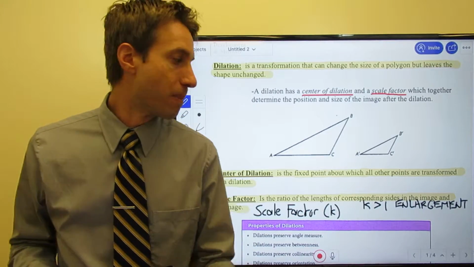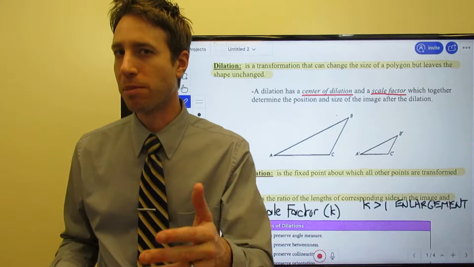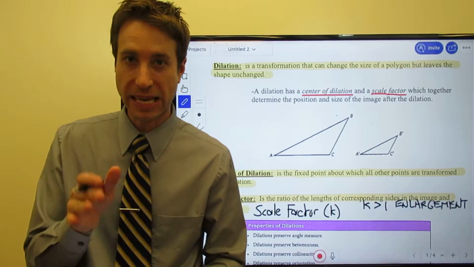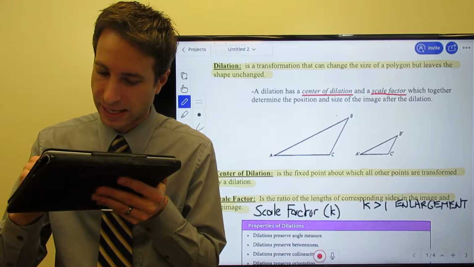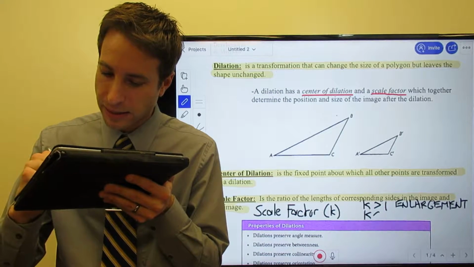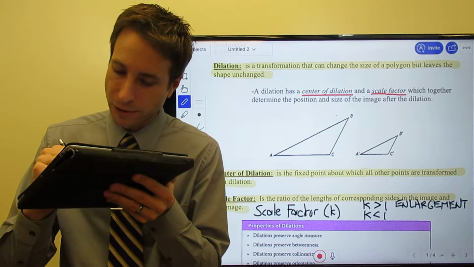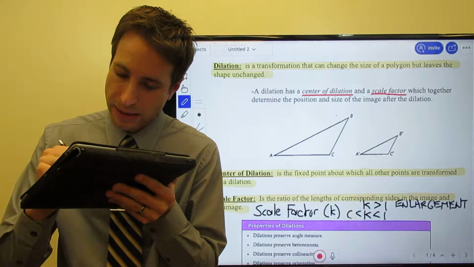And then my only other option is if k is less than 1. But of course, we don't want it to be a negative number. That doesn't make any sense. So if your k is less than 1, that means it's a fraction, but it can't be negative, so it's got to be greater than 0.